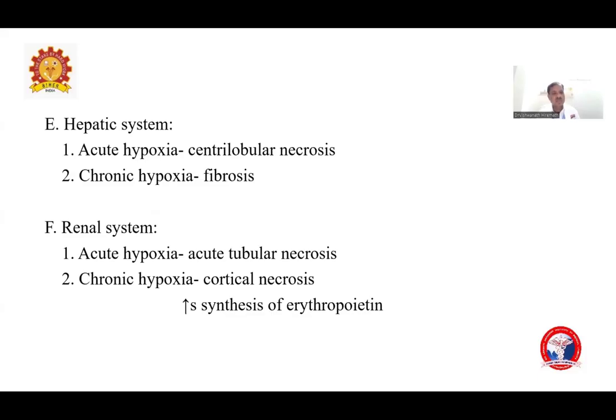Hepatic system: acute hypoxia leads to centrilobular necrosis, chronic hypoxia to fibrosis. Renal system: acute hypoxia leads to tubular necrosis, chronic hypoxia to cortical necrosis, leading to increased synthesis of erythropoietin.